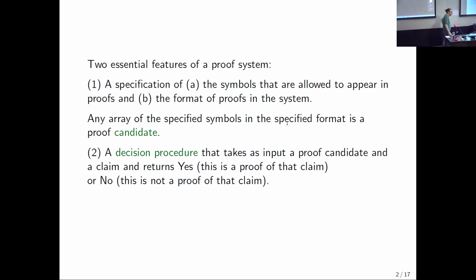The second part of specifying a formal proof system is to give a decision procedure that will take some claim of the kind that you can prove in that system and some proof candidate. Given those two inputs, the decision procedure will then say yes, this proof candidate is in fact a proof of that claim, or no, it isn't.